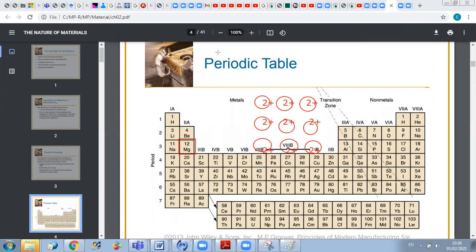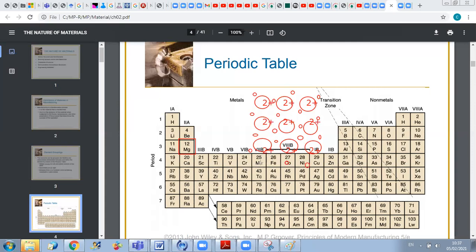So all you have to do is to disperse electrons in this block of atoms in a random way. Okay, so these are the electrons: 1, 2, 3, 4, 5, 6, 7, 8, 9, 10, 11, 12, 13, 14, 15, 16, 17, and 18.